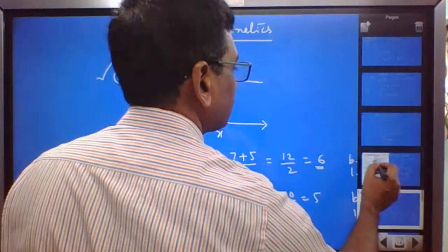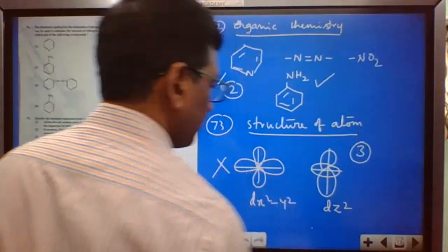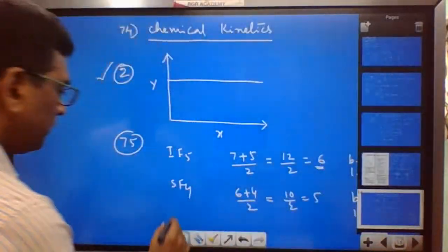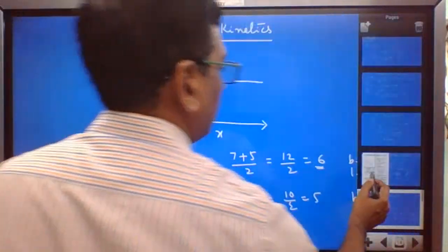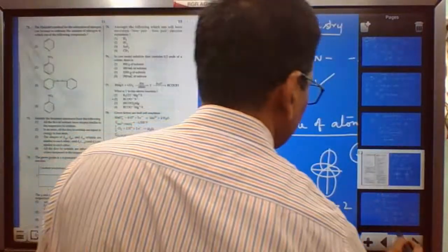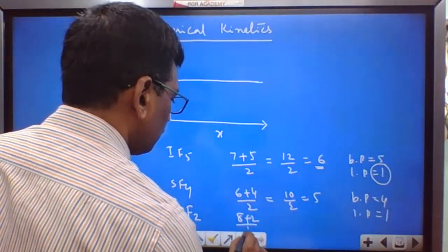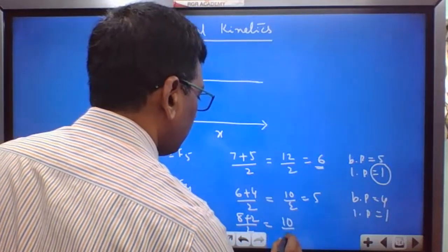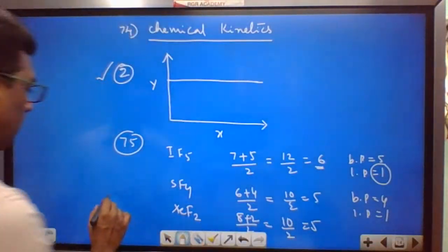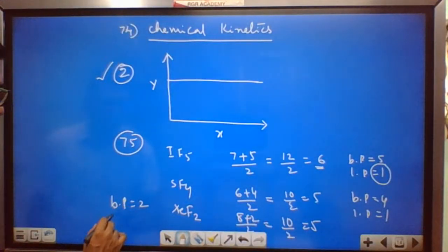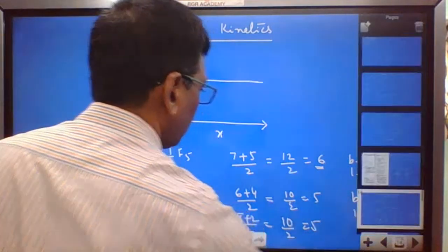Next, another compound, XeF2: 8 plus 2 divided by 2, that is 10 divided by 2, that is equal to 5. Since it is forming 2 bonds, bond pairs are 2 only, lone pairs are 3. So it has more number of lone pairs, so repulsion will be more.